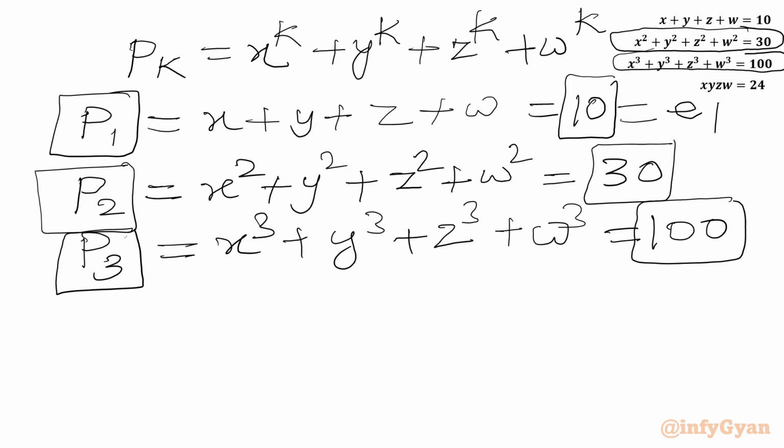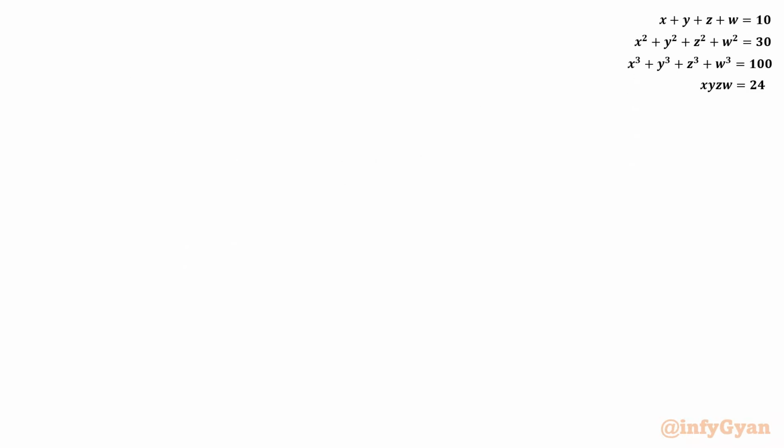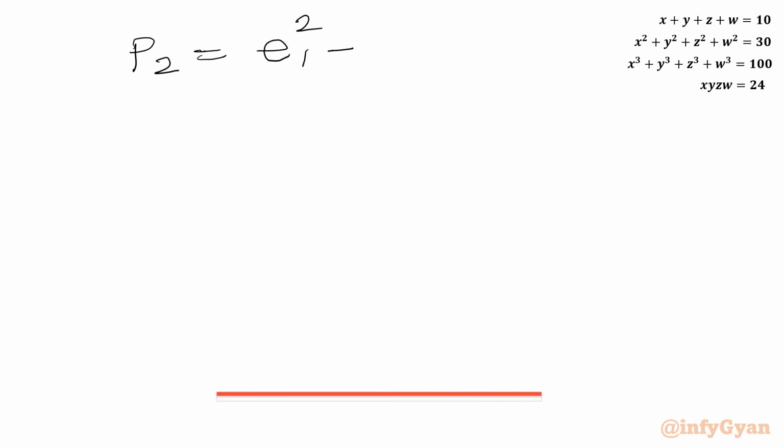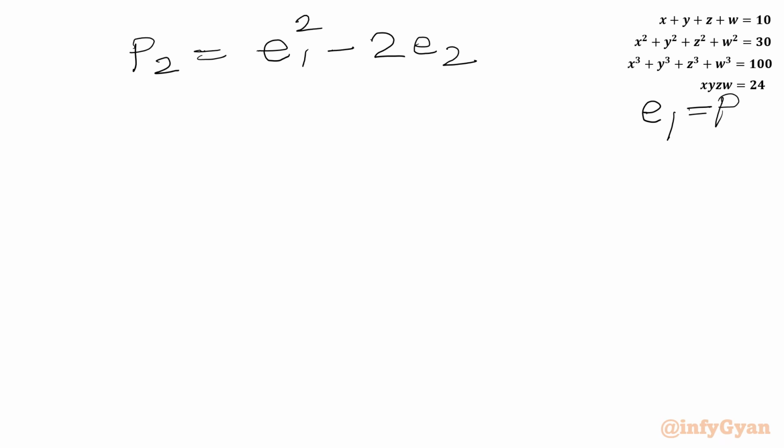Let's use Newton's sum formula, which is used to relate Ek with Pk. So I will be writing here P2 straight away. P2 will be equal to E1 square, or we can write E1 P1, E1 square minus twice E2. Because of E1 equal to P1, we can also write P2 equal to E1 P1 minus twice E2. This is equal to P2.